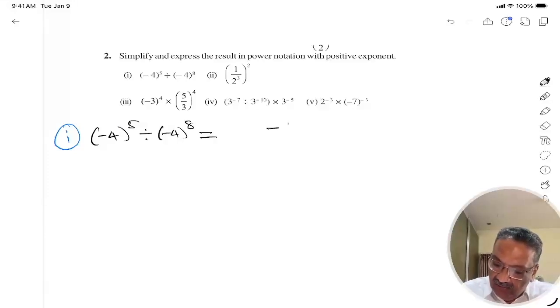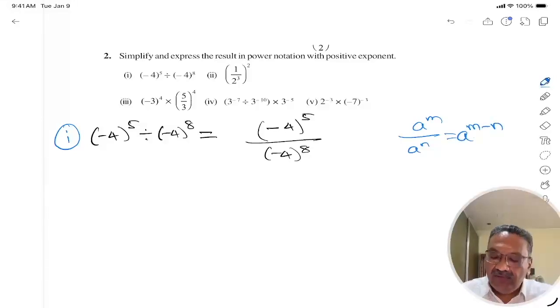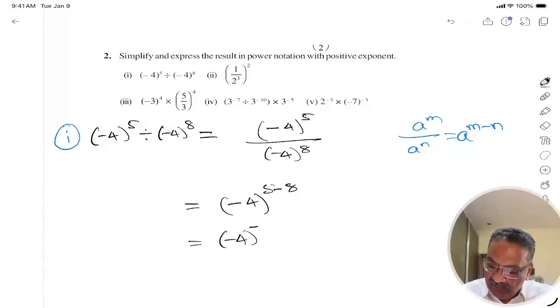What formula are we using here? a to the power of m divided by a to the power of n is equal to a to the power of m minus n. If we use this formula, we get this equal to minus 4 to the power of 5 minus 8, which is equal to minus 4 to the power of minus 3.